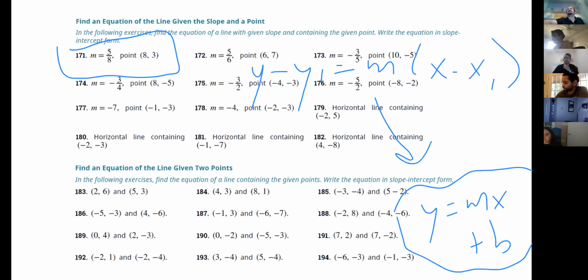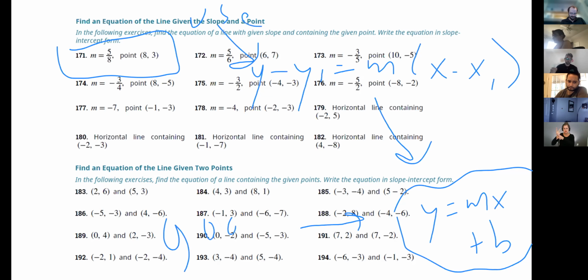So we want to plug this into probably point slope, and do some algebra to get it into slope intercept. So are we using both formulas in this case or just one? You're going to end up plugging stuff into this first one, and slope intercept is the end goal.